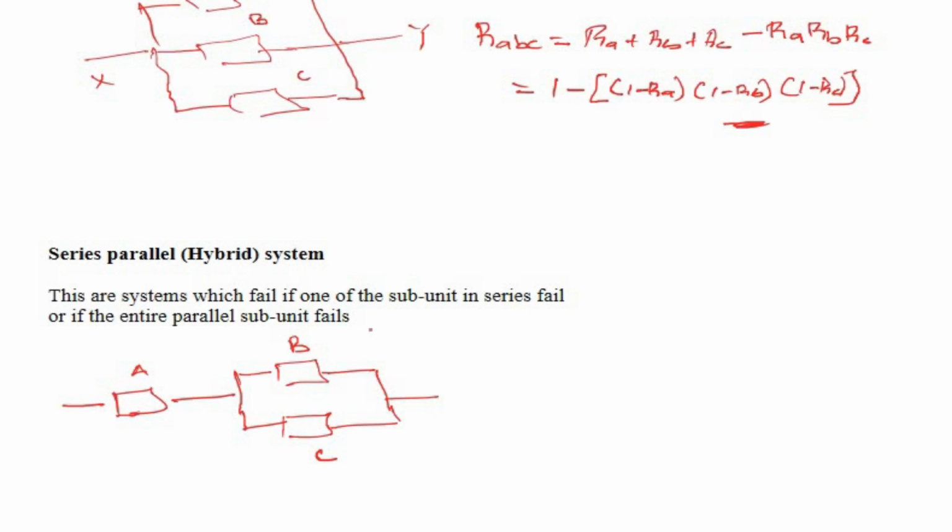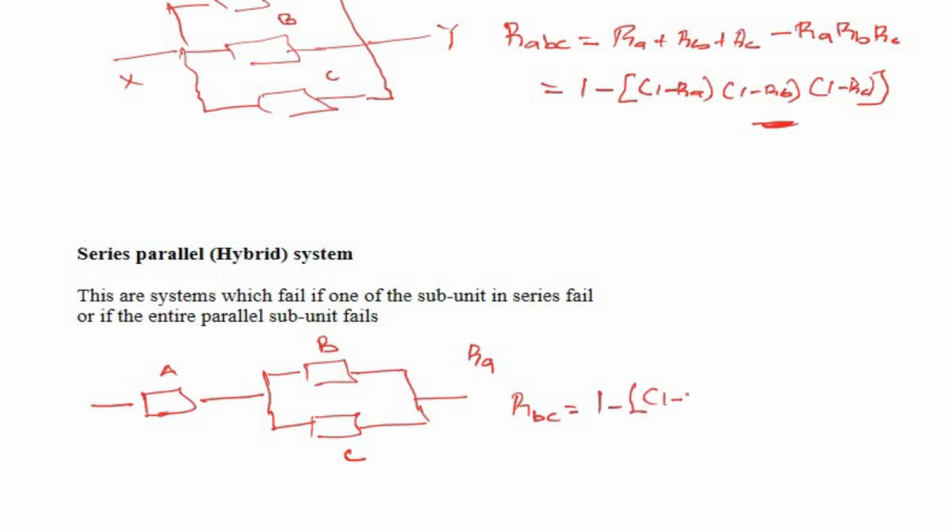So the expression for this is still the same thing. Here we know that the reliability of A is R A. The reliability of BC we can say is 1 minus open bracket 1 minus reliability of B multiplied by 1 minus reliability of C. So this is the expression for this. Since these two are connected in series, we multiply them.